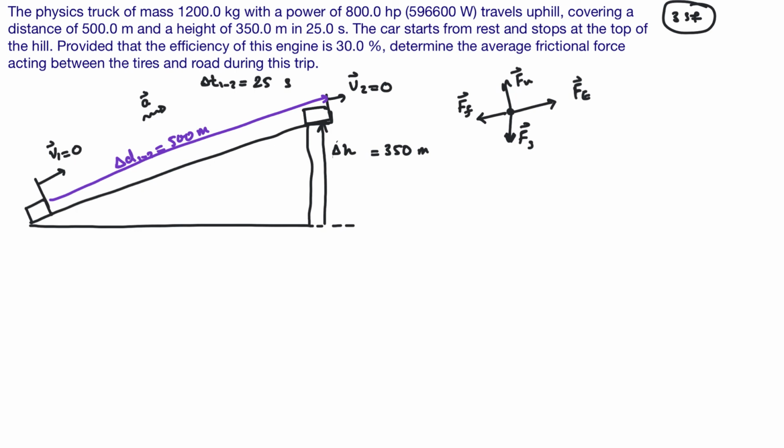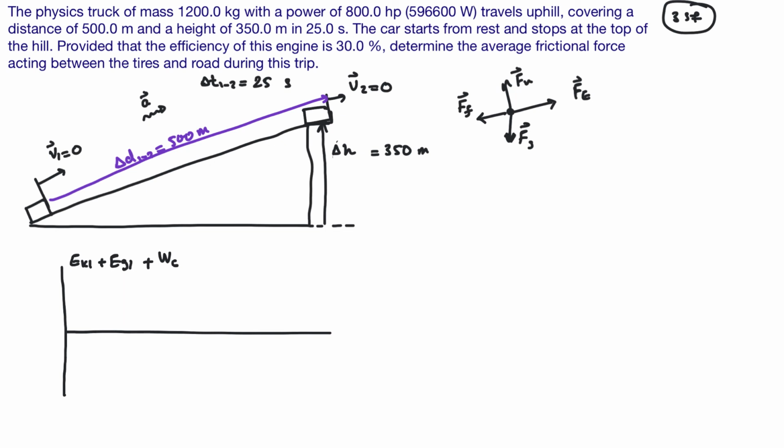All right, now that I have this set of information, I am going to go right ahead and draw an energy bar chart. Start at EK1 plus EG1. There's going to be some work done. Let's draw this as the work of the chemical, so that's the energy that's coming in total.